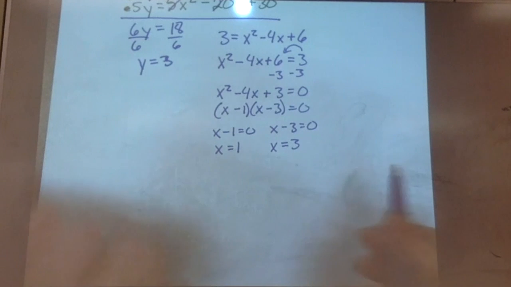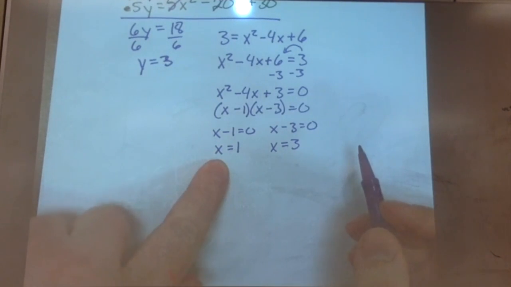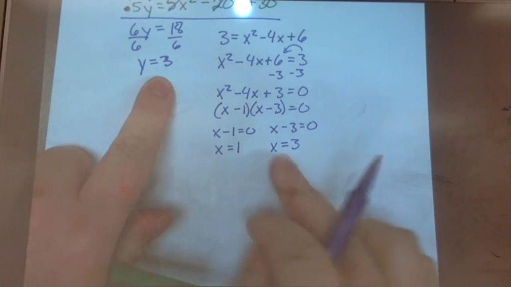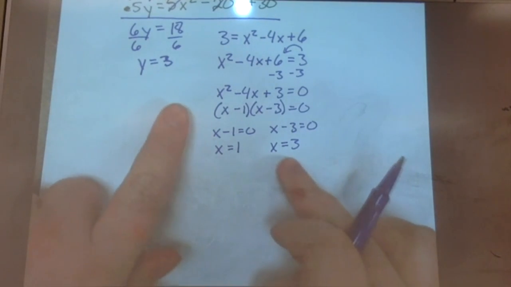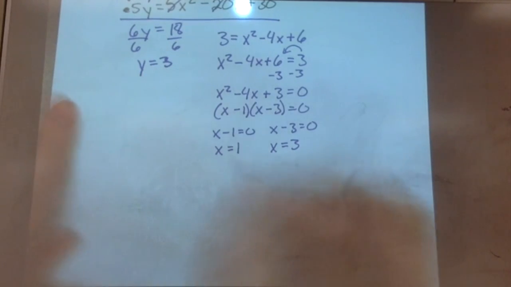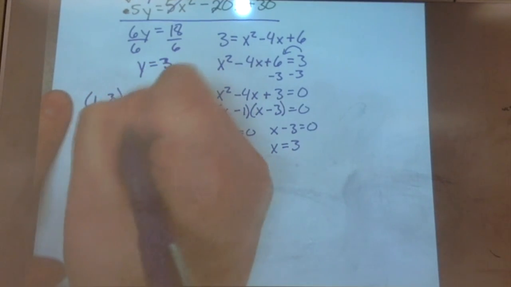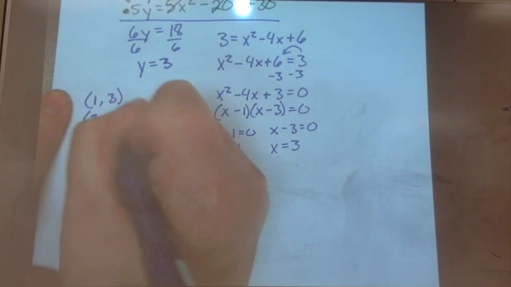This one's a little tricky, not too tricky, but remember, this x goes with this y, and this x also goes with this y. So your points of intersection are (1, 3) and (3, 3).